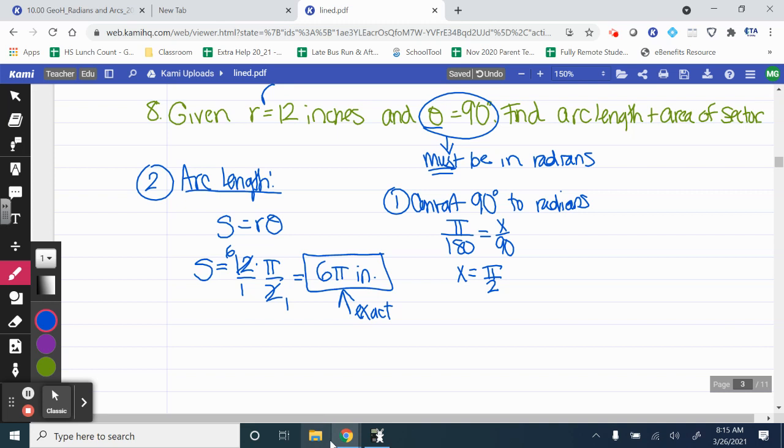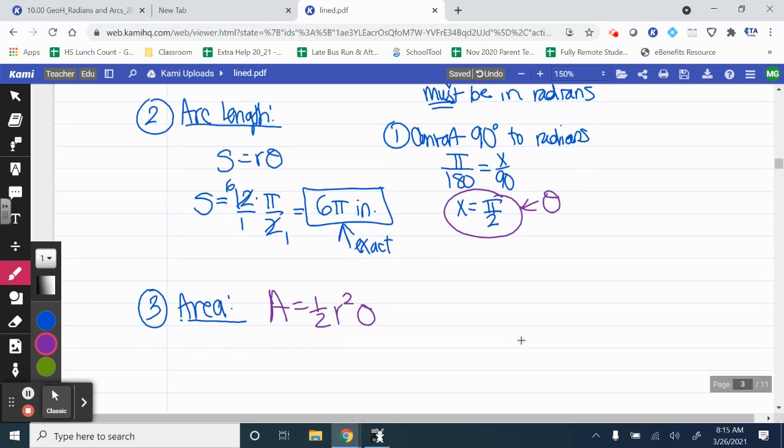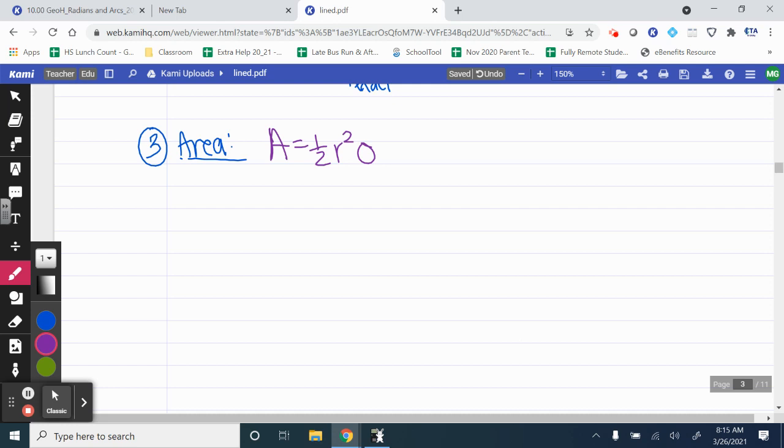Okay, and then let's find the area. Pause your video, write out your area formula, and then substitute in. So again, this is what you guys should be using for theta, not the 90. So our area formula is 1/2 r squared theta. And now it's just a matter of substituting in.